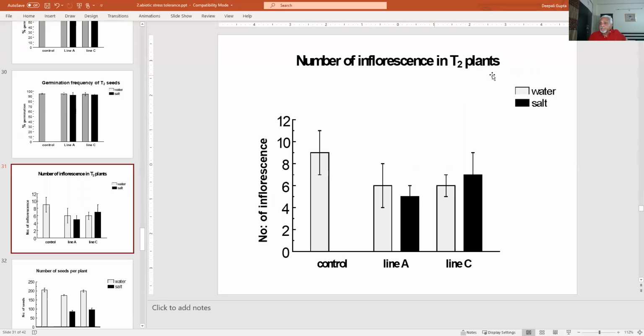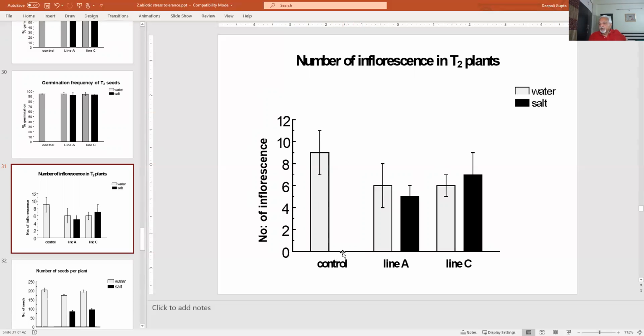When the inflorescence or the seed set process was evaluated, again, if you see here, the control plants put under normal conditions give you about 10 to 12 inflorescences per plant. And when the salt stress is given, the plant dies within 20 days.